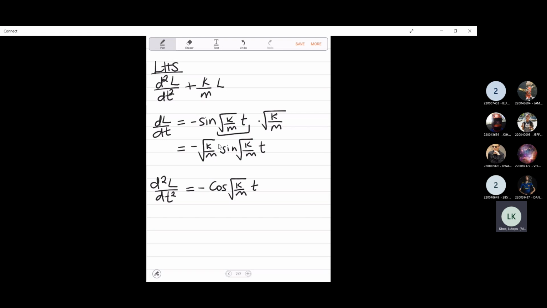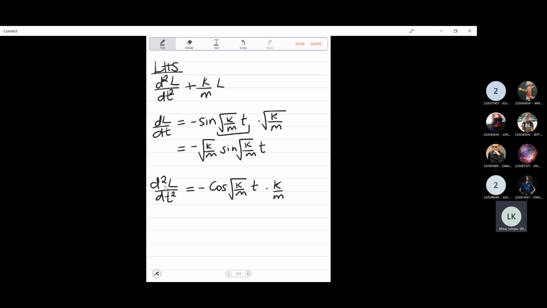So the square root that's already outside, multiplied by the derivative of that, makes the square root cancel, and that's why I have this.